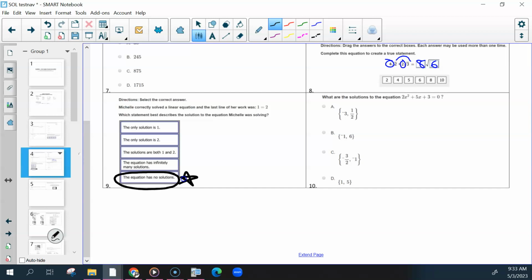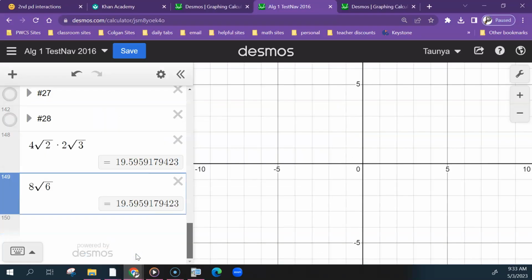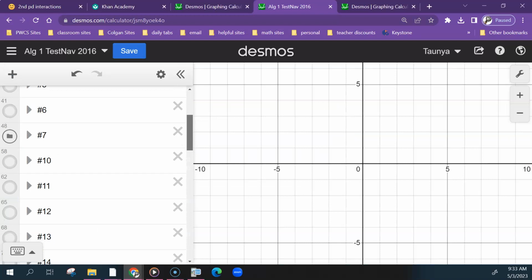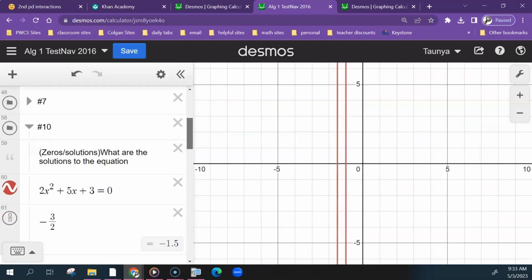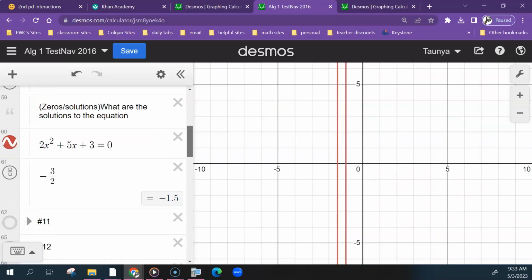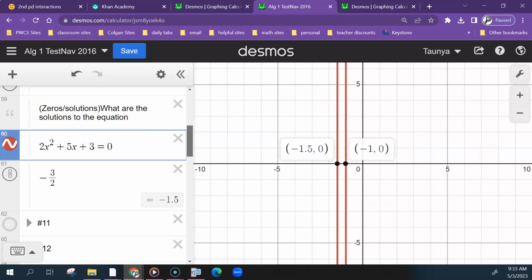10 we were just talking about last class or the class before that. Solutions to this. This is an easy Desmos question. Type it in. Look at where it crosses the x-axis. Find the points that match.